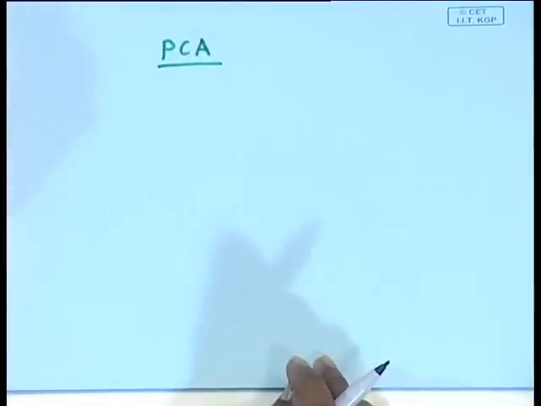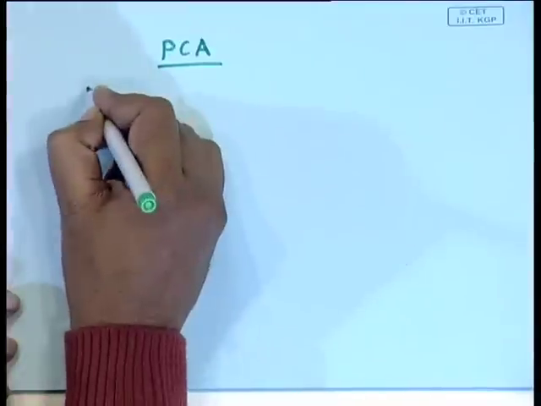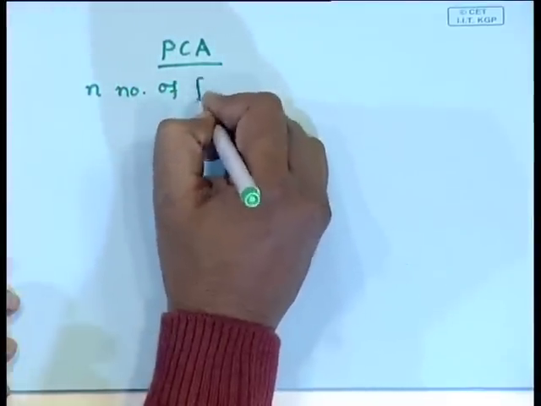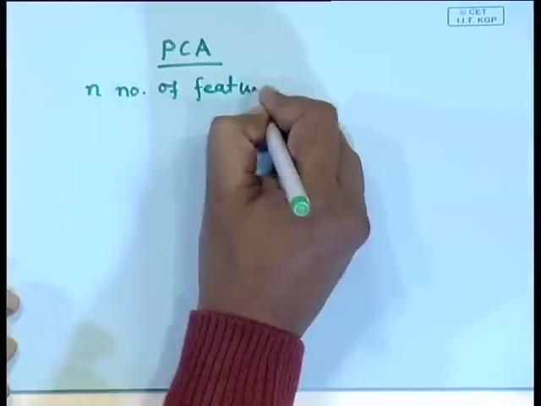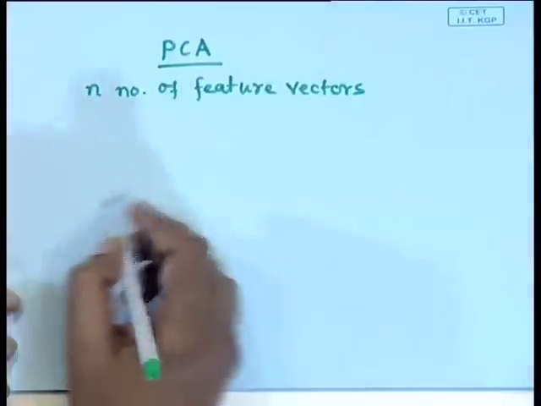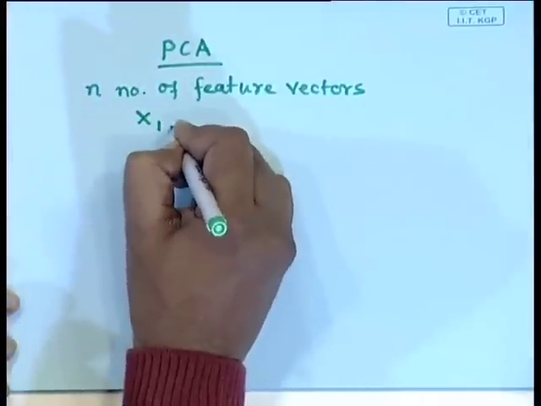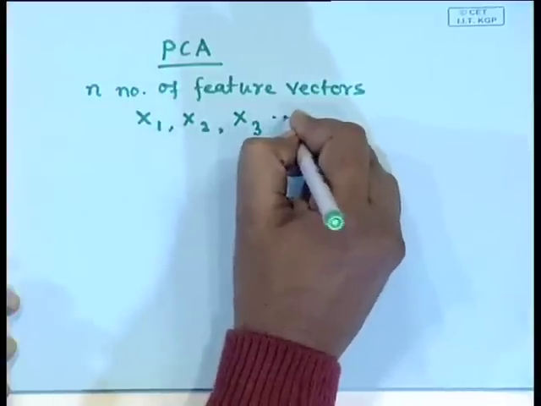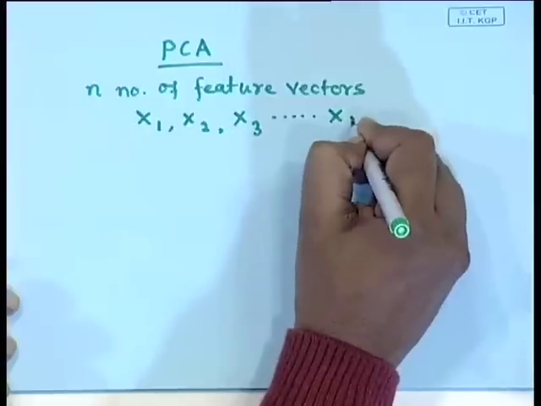So, our problem is like this: we have been given n number of feature vectors. Every feature vector is of dimension d. The feature vectors are x 1, x 2, x 3 up to x n.